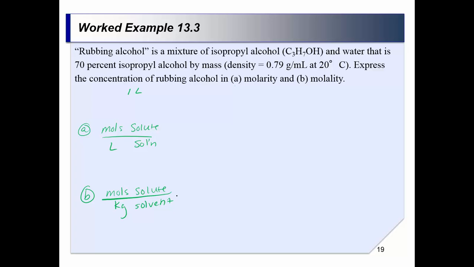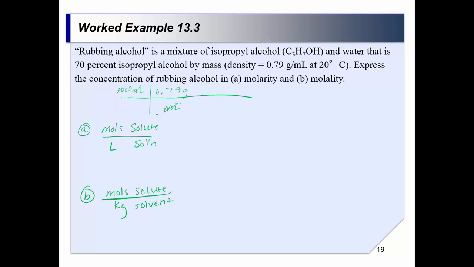So I'm going to start by saying if I have 1 liter of solution, then how much isopropyl alcohol do I have? What is the mass? What is the moles? So if I have 1 liter, I'm going to say I have 1,000 milliliters. It has a density of 0.79 grams per milliliter.